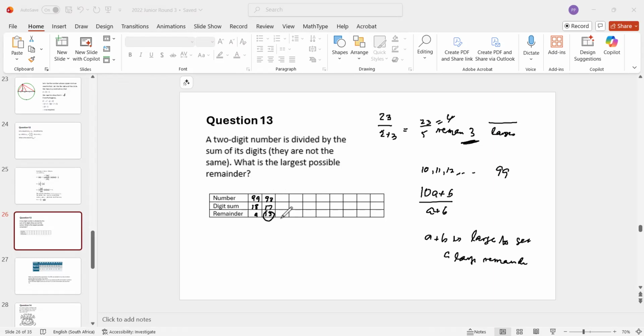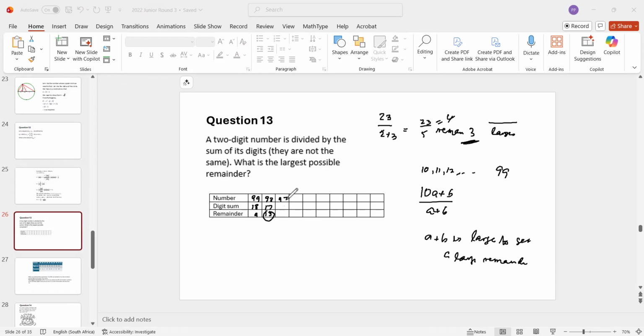Now, what this means is that to beat this one, I need to get a larger remainder. I need to have the denominator be at least 14. That means the sum of the digits must be at least 14.